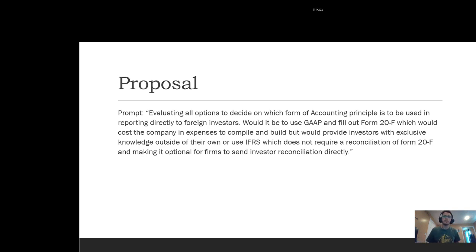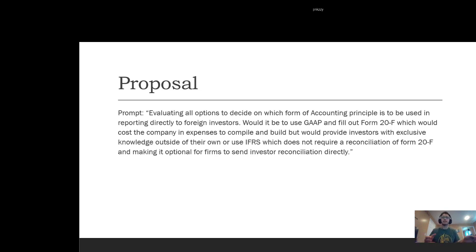Or IFRS, which doesn't require a reconciliation Form 20-F, making it an option for firms to send investor reconciliation directly, but there is a difference in how that information is put together. Here in the United States, people who use IFRS have a difficult time communicating with people who use GAAP and vice versa, but IFRS is used internationally.